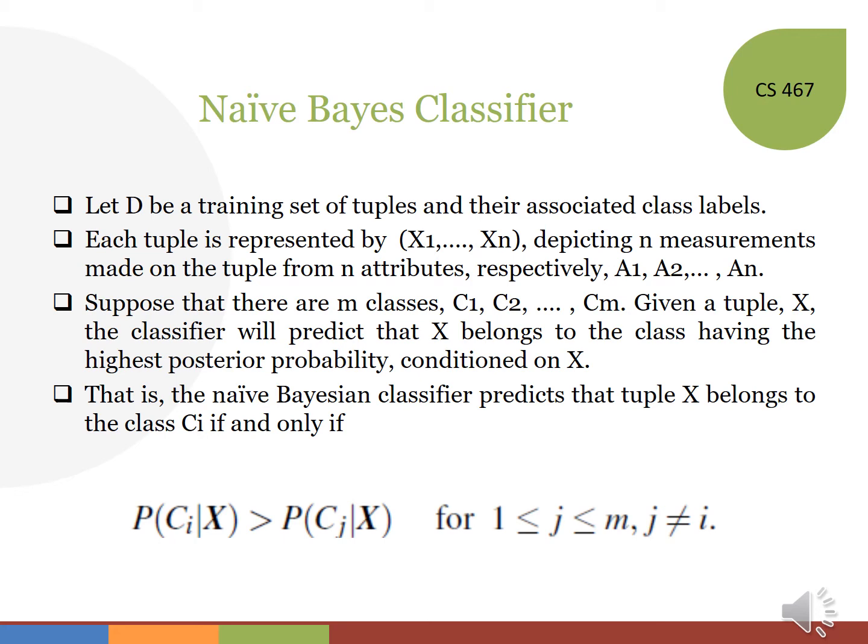Given a tuple x, the classifier will predict that x belongs to the class having the highest posterior probability conditioned on x. That is, the Naive Bayesian classifier predicts that the tuple x belongs to the class Ci if and only if P of Ci given x is greater than P of Cj given x for 1 less than or equal to j less than or equal to m, where i not equal to j.